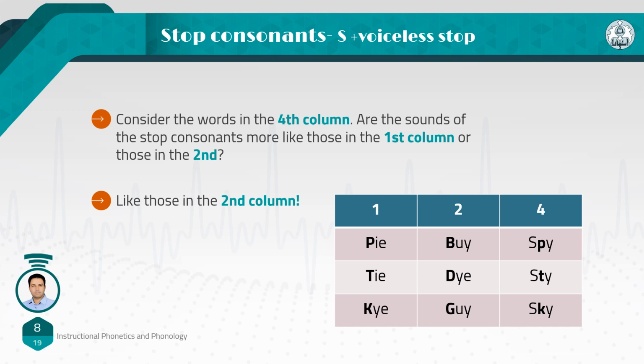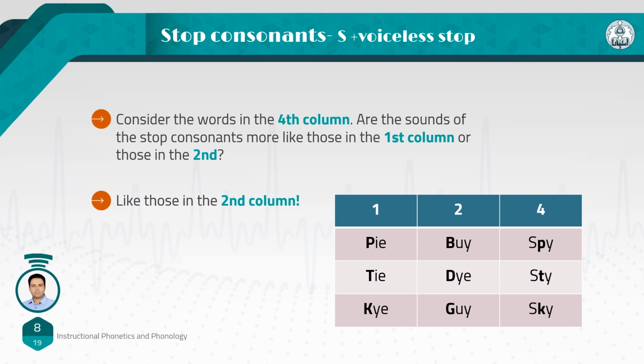If you pay attention, you can feel that the sound p in "pie" is not similar to the sound of p in "spy." See? Pie, spy. The second one, "spy," is similar to "buy." This is the effect of the previous sound, s.